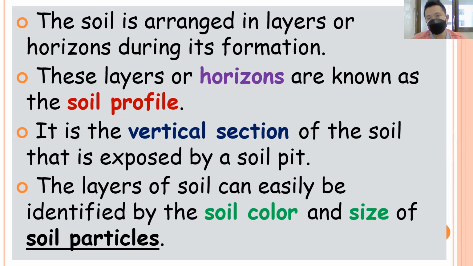Like for example, the humus or the organic matter is porous and the color is black. Why? It is because of the presence of the dead animals, the carcasses, the decayed plants and the decomposed, like the fungi, we can see also there in that certain soil. I mean, on that certain layer of the soil. So we can identify it by the colors and sizes.